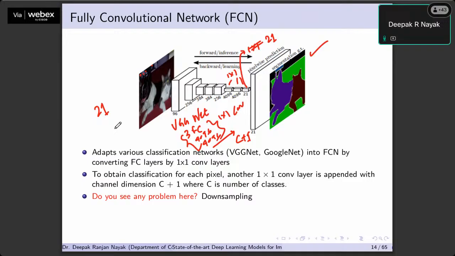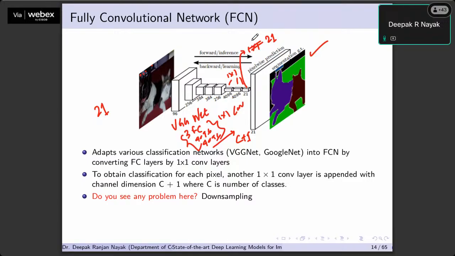But in these architectures, you are using pooling operations, which are downsampling operations, so what you get at the output is a very small dimensional feature map. You are only applying downsampling layers, but your expected output should be an image.